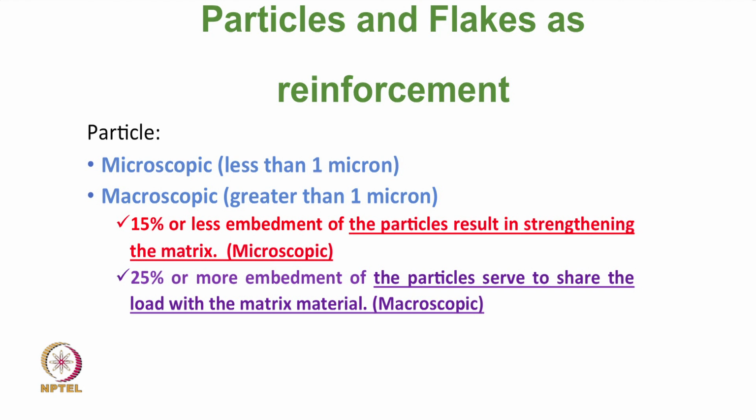So, particle reinforcing material is an important material for metals and ceramics, ranging in size from microscopic, less than 1 micron, to macroscopic, greater than 1 micron. Within that range, from less than 1 micron to more than 1 micron, it is used basically for metal and ceramic composites.